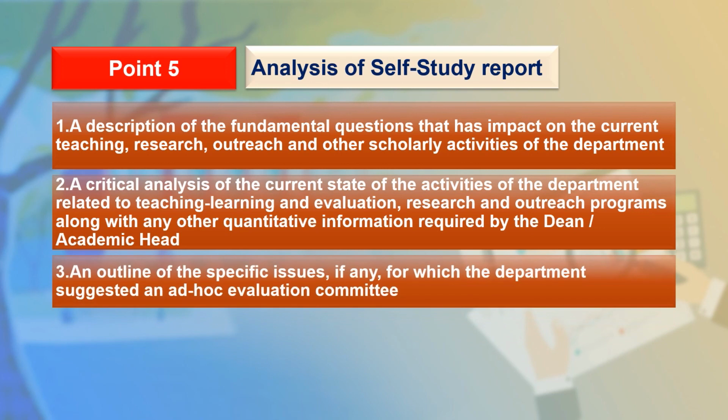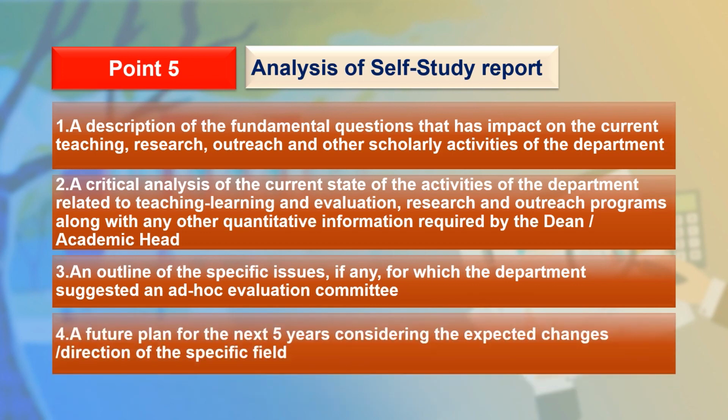Then third is an outline of the specific issue, if any, for which the department suggested an ad hoc evaluation committee. Then number 4, a future plan for the next 5 years considering the expected changes or direction of the specific field.